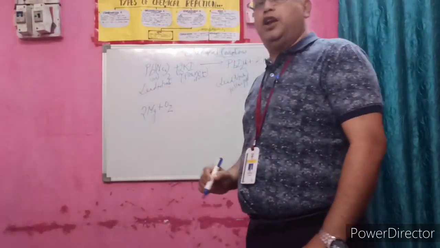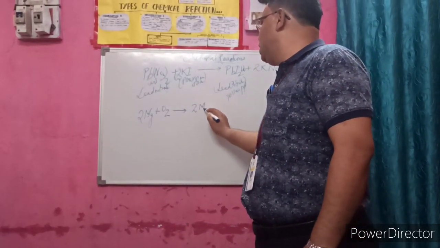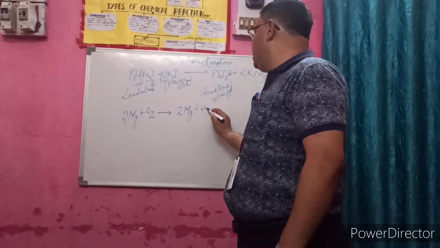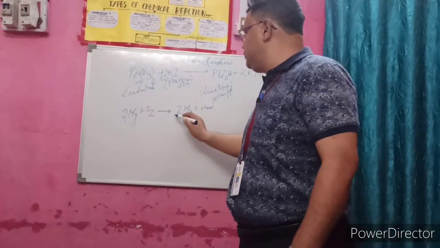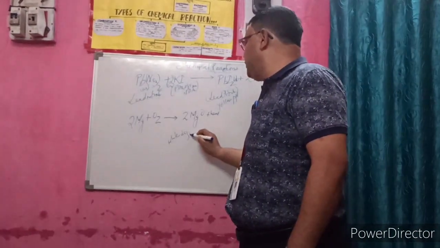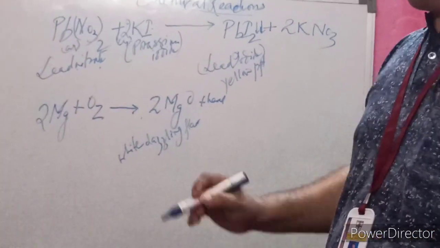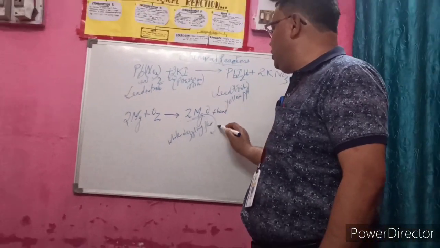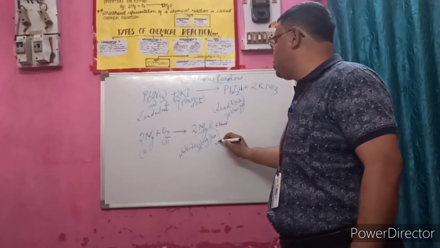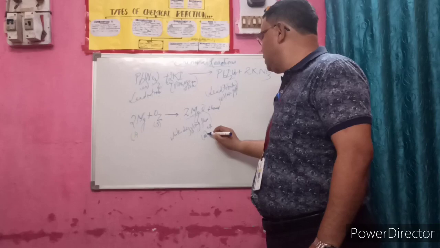When you burn it, it forms magnesium oxide, 2MgO, with the evolution of heat. It burns with a white dazzling flame. Magnesium is solid, oxygen is gas, and it forms magnesium oxide as a solid residue.